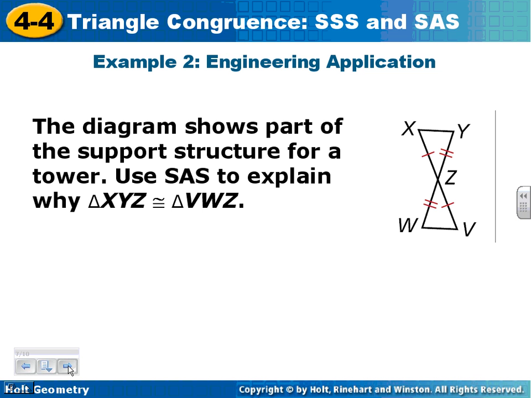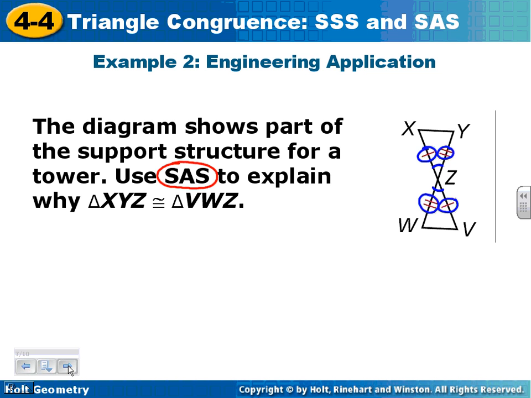Next slide. The diagram shows part of the support structure for a tower. Use side angle side to explain why the two triangles are congruent. Well, if you look, I see, I'll put in blue here, one tick mark, two tick marks, two tick marks. Do I have the angle in between them, which would be this little one and this little one?